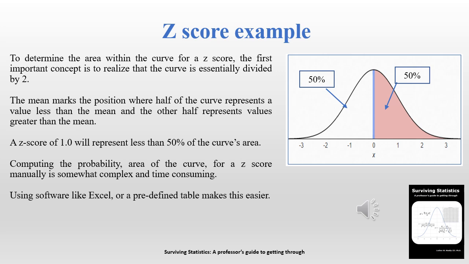Half of the values are less than the mean, half are greater than the mean. Once we remember that, we're looking for the area under the curve that is more than 1 standard deviation away. We can use software programs like Excel, or predefined tables, to figure out that value, and we'll show you a table on the next slide to make this very easy.